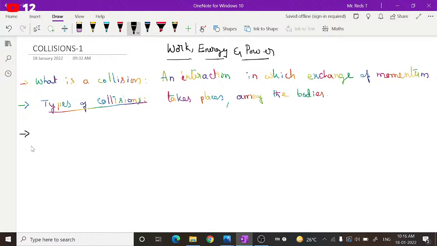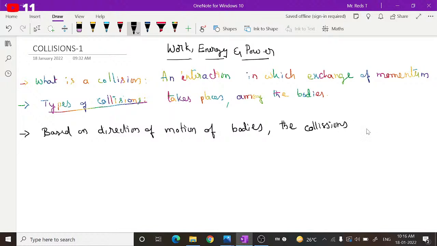So we can say, based on the direction of motion of the colliding bodies, collisions are classified into two types.